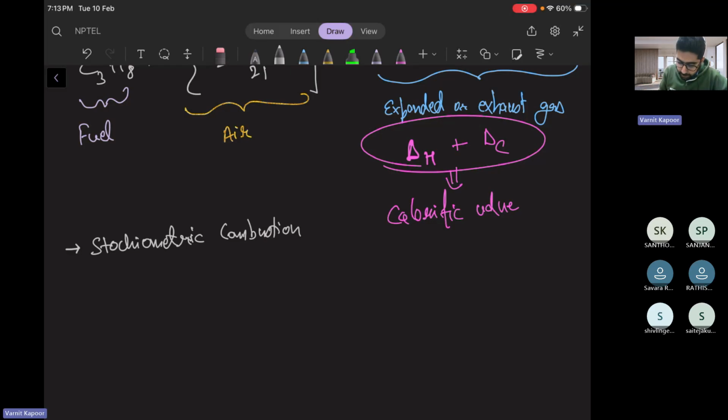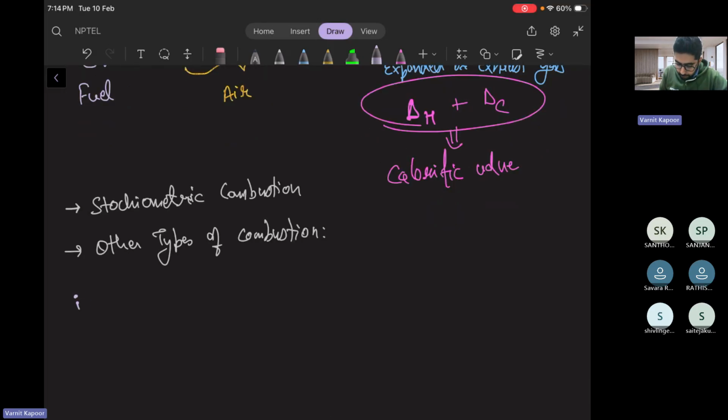So other types of combustion are basically lean. What do we mean by lean? When air is more compared to fuel. What is second? Rich.